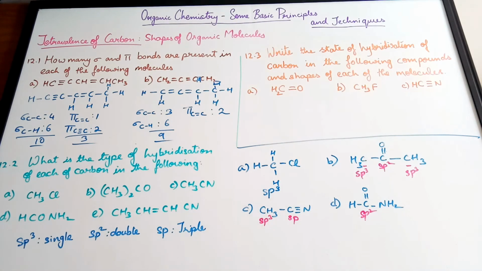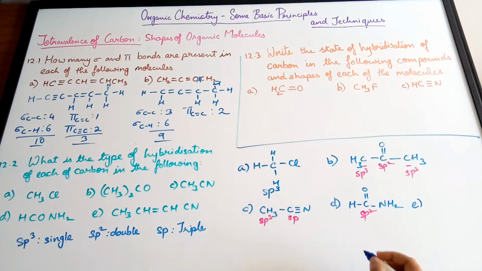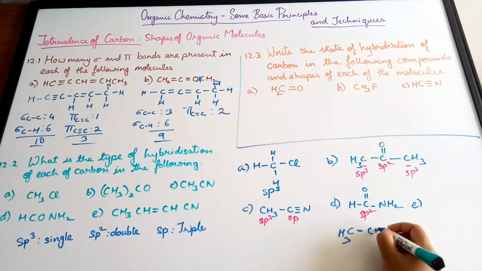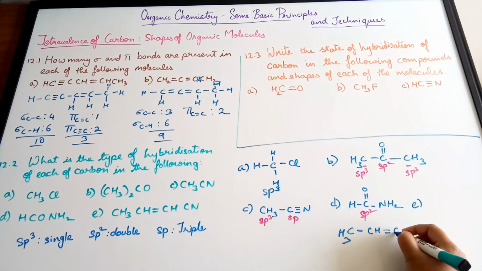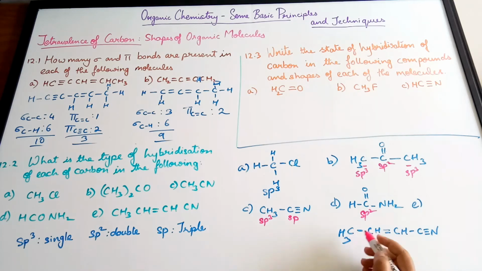And the last one, E, you have CH3, CH, okay, you have a double bond over here, CH, C triple bond N. Now, the first carbon is going to be sp3 hybridized.